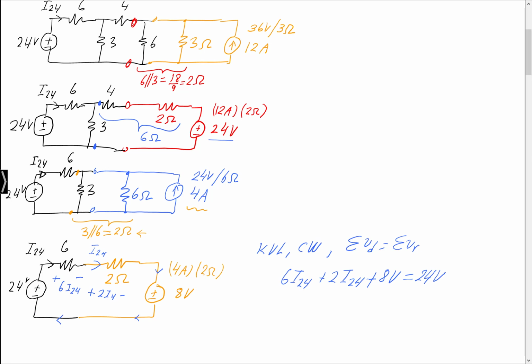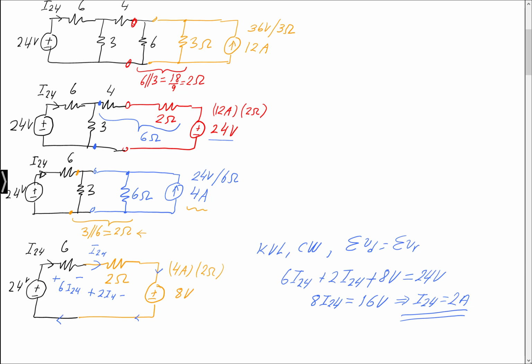So this is the expression that we get in terms of I-24. So what does it give you? 8 I-24 is equal to 16. Or what you get is that I-24 is equal to 2 amps. That's what we get.